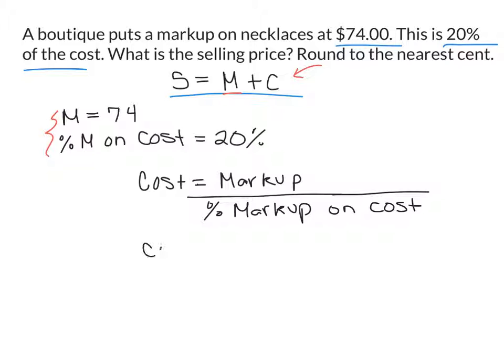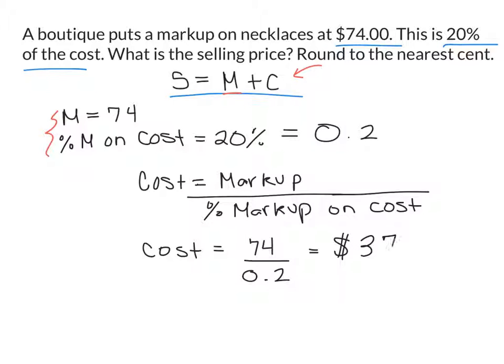So that means that the cost equals 74 divided by 20%, but remember we have to convert that to a decimal, so that's 0.2. So then 74 divided by 0.2, if we do that on the calculator, gives us a value of $370. And that's our value for cost.